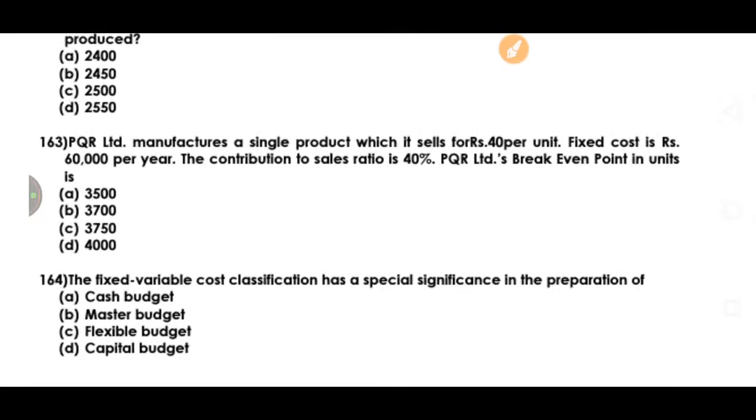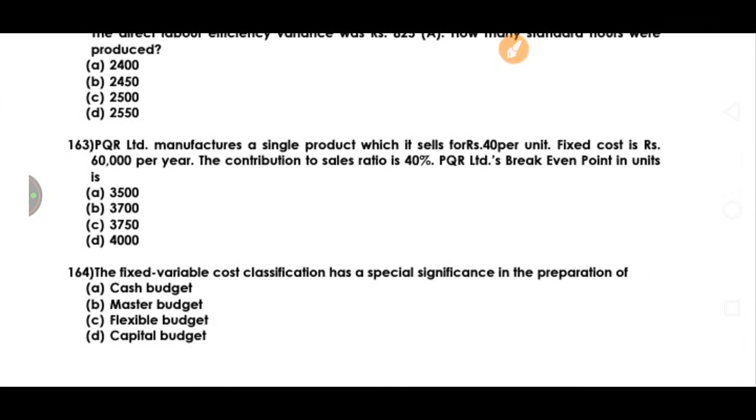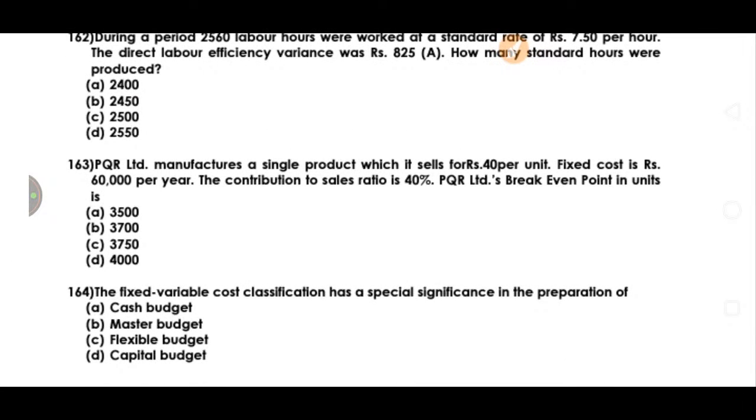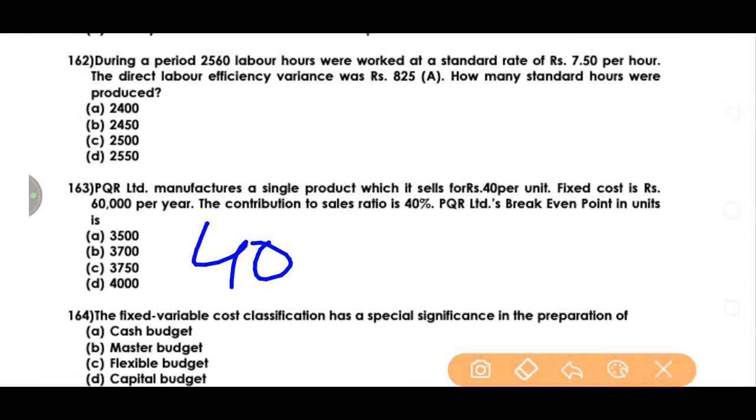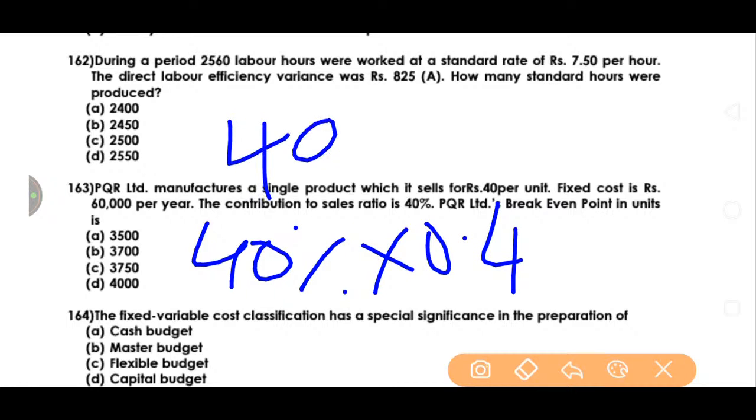Next, this is per unit. So we calculate 100 units. So 100 is equal to 40%. So 40% is 0.4. For 100 units, per unit equals 100. So total 100 units.